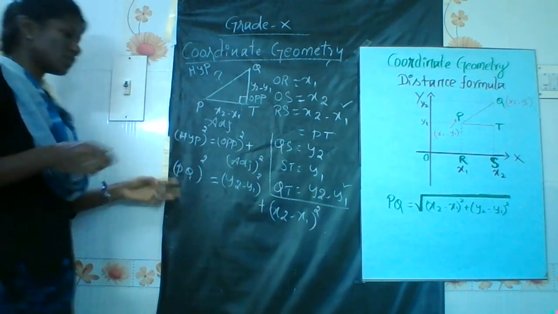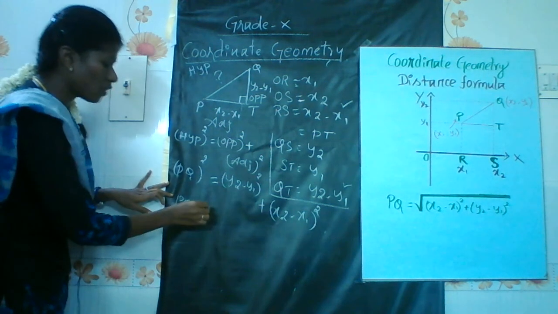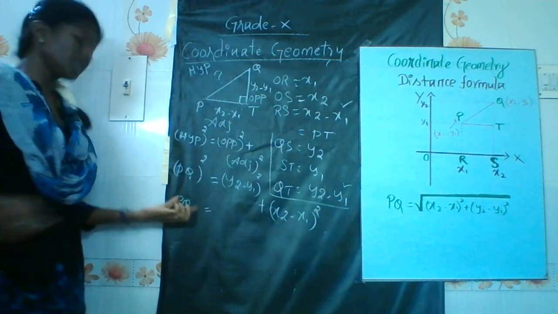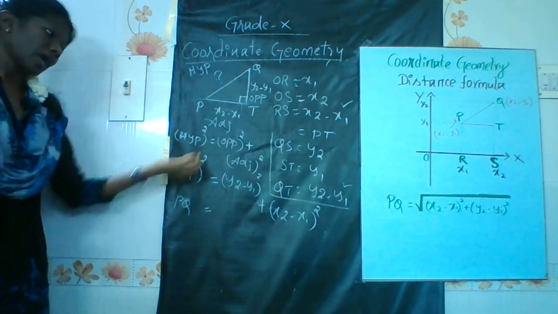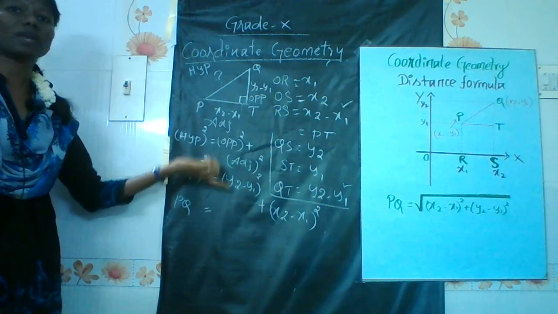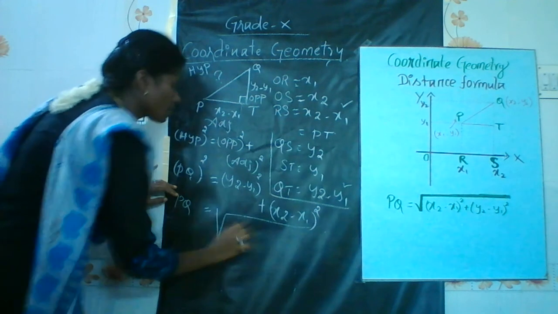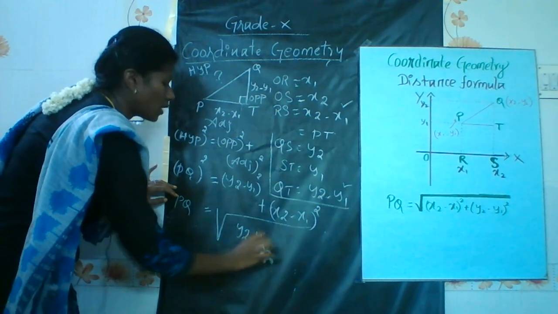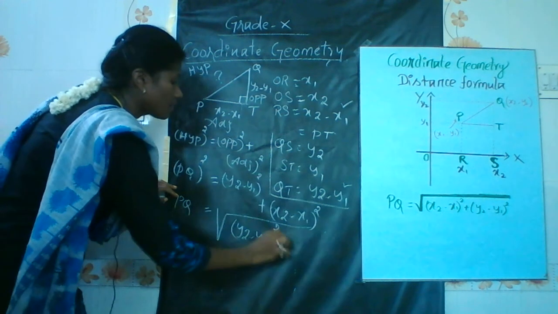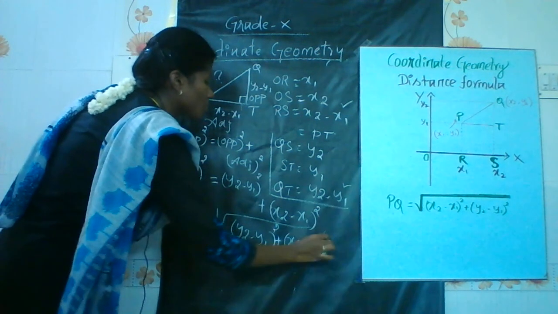Okay. Now we need only the value of PQ. I am taking this square to the right hand side. If the square comes over to the right hand side, it becomes a square root. So, PQ is the square root of y2 minus y1 whole square plus x2 minus x1 whole square.